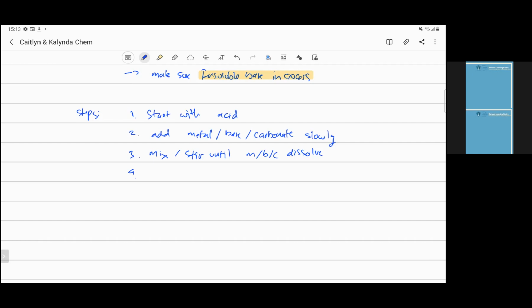But in the end, when the metal or base or carbonate does not dissolve, even after a long time, stop adding. This means it is already in excess.